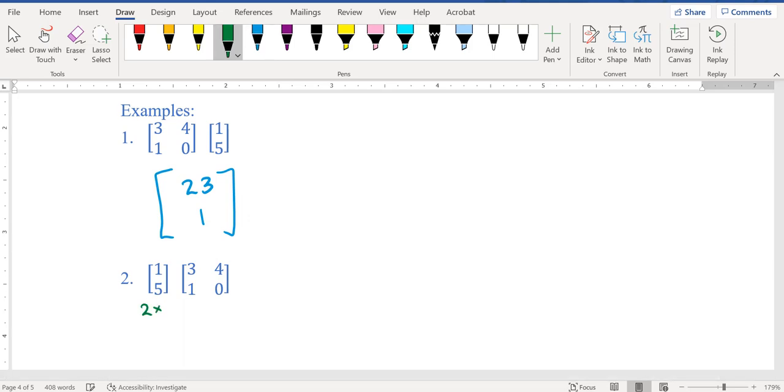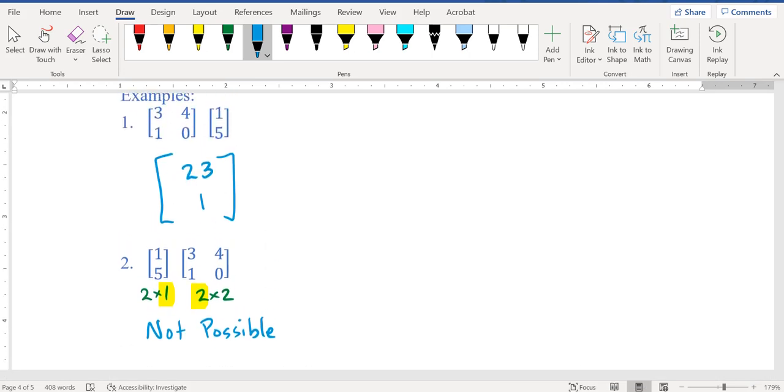Okay, let's go look at number 2. This is a 2 by 1 matrix. The second matrix is a 2 by 2 matrix. Because those two numbers don't match up, the number of columns of the first one and the number of rows of the second matrix, that multiplication is not possible.